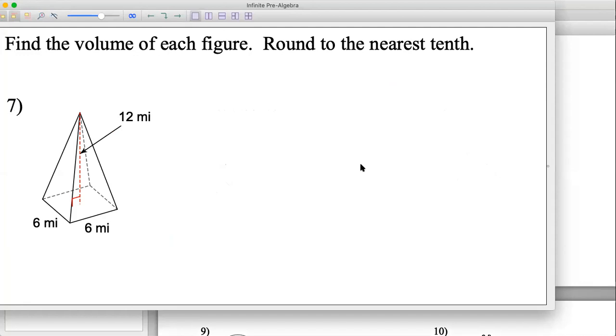Step 1, what's the shape? Triangular cube. Absolutely not. Triangle. Oh, it's a rectangular. Is that all it took? I used the wrong formula. There you go. That was easy. Yeah, I used the wrong formula.